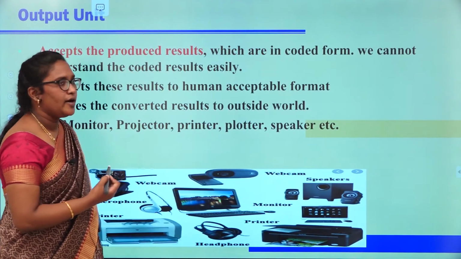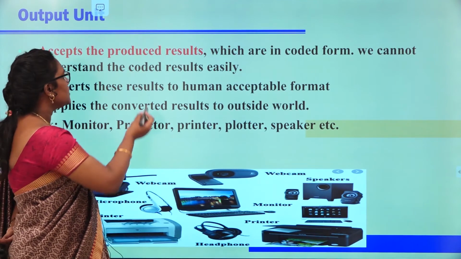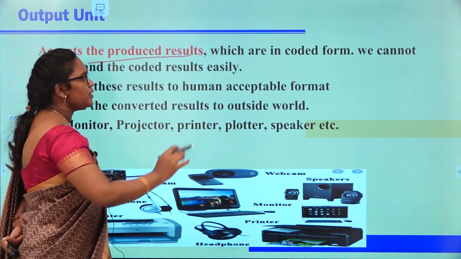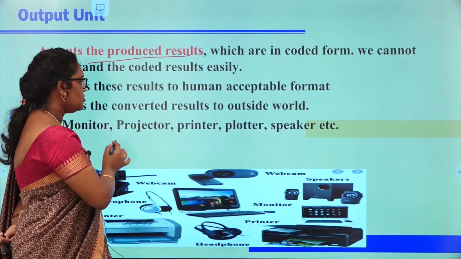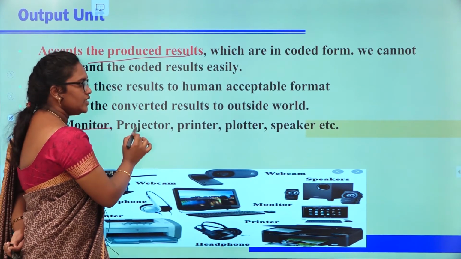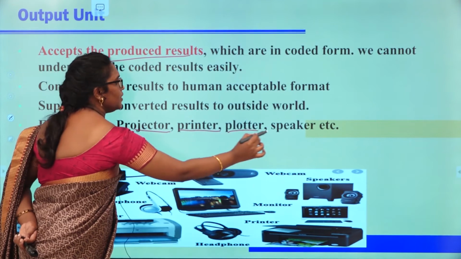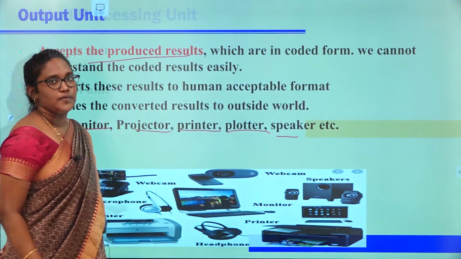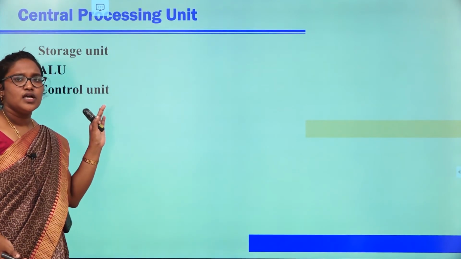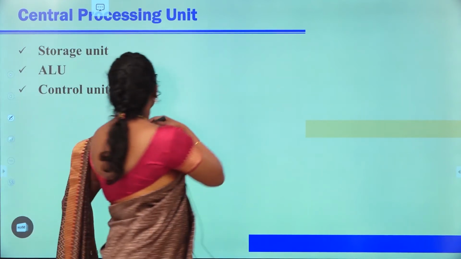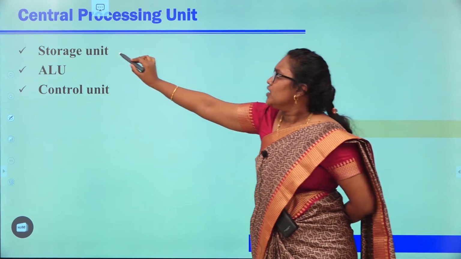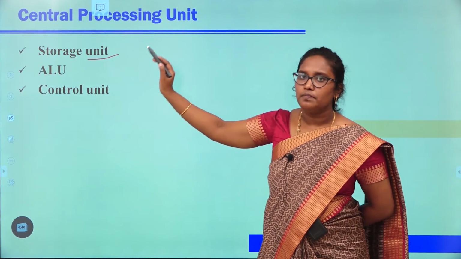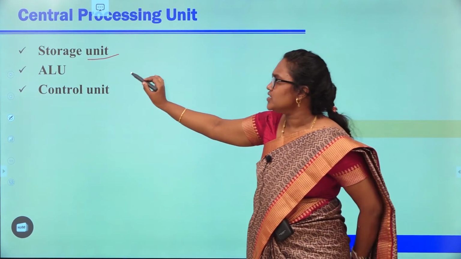Next one is output. Output means the produced result should be displayed to the user with the help of output devices called monitor, projector, printer, plotter and speaker. Next one, central processing unit. We have already seen the central processing unit. Storage unit means primary and secondary storage.